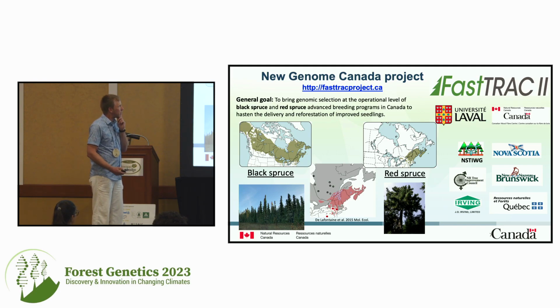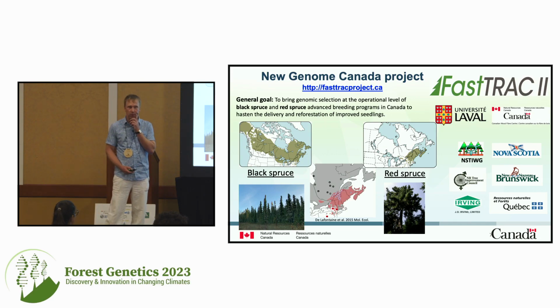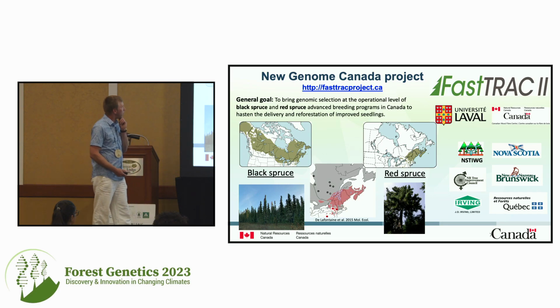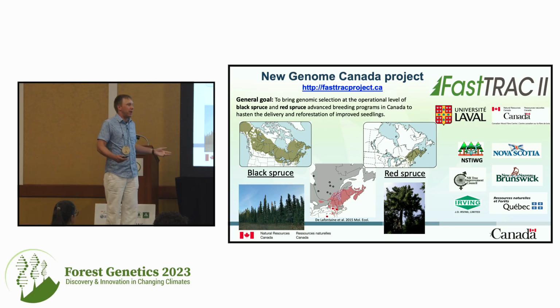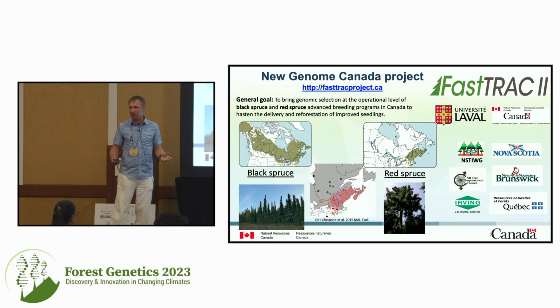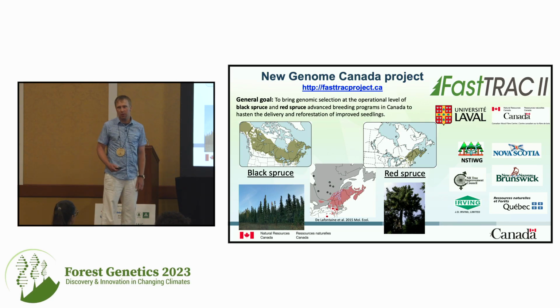So the next, hopefully I'm going to talk to you about this in 2 years. The next project is a Fast Track 2 project, obviously. Our aim is to bring genomic selection into black and red spruce breeding programs out east. Black spruce for you is probably a weed, not really growing very quickly out here in the west, but in eastern Canada it's quite an important species.